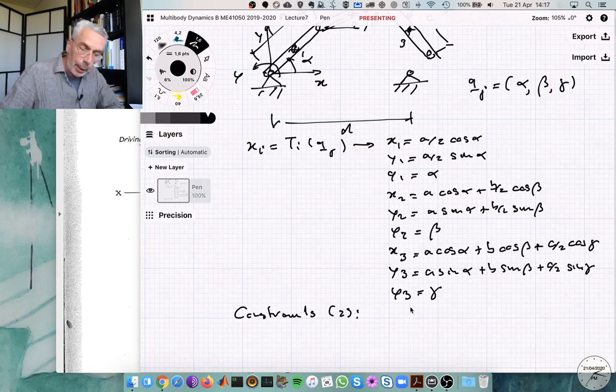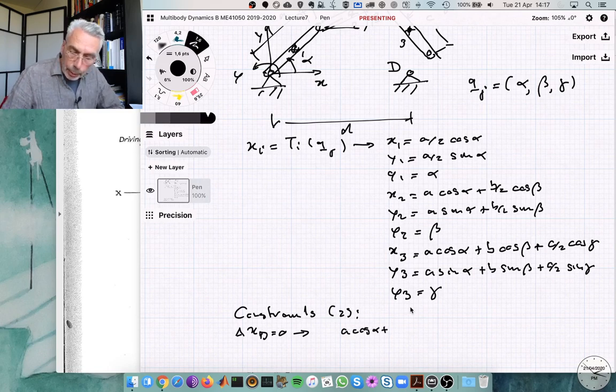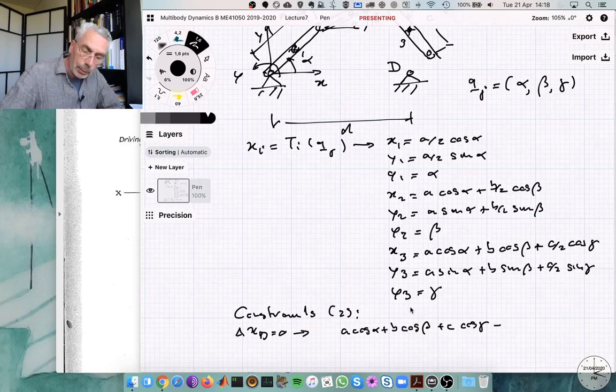So you could say, if you call this point D, then the delta at xd should be 0, or in other words, we calculate what the position is, and then we compare it to that position. So we say a cosine alpha plus b cosine beta plus c cosine gamma minus, and then this distance was d, right? Minus d is 0.